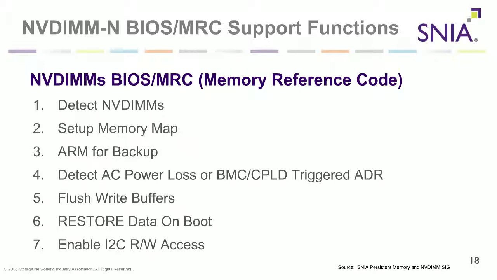And in the BIOS you need to ARM the NVDIMM. We're talking strictly about the NVDIMM-N. You need to go and ARM it. If you don't ARM the NVDIMM, then it is not going to save the data when you kill the power. So you have to explicitly turn on the arming in the BIOS.